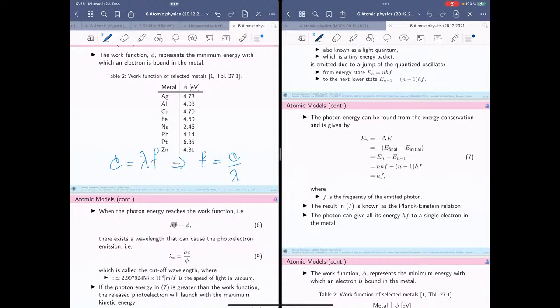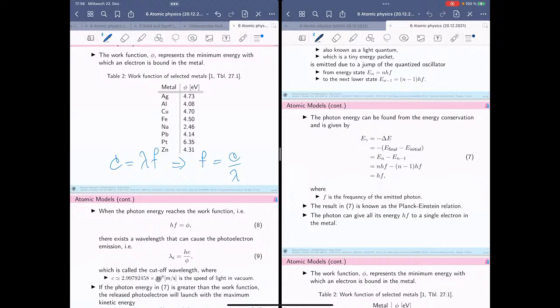If you want to find lambda, you move lambda to be here, and f is c by lambda, so lambda is hc by phi. That's the result you can obtain in equation number 9. This is called the cutoff wavelength. Lambda c is the cutoff wavelength, and c is the speed of light.